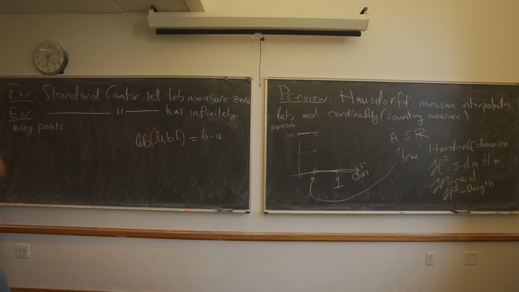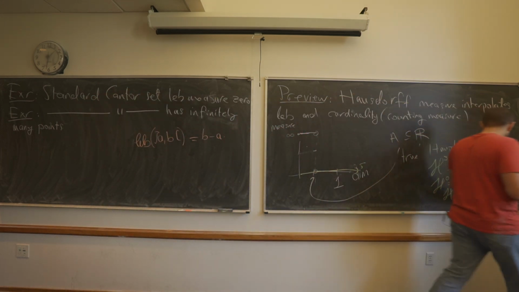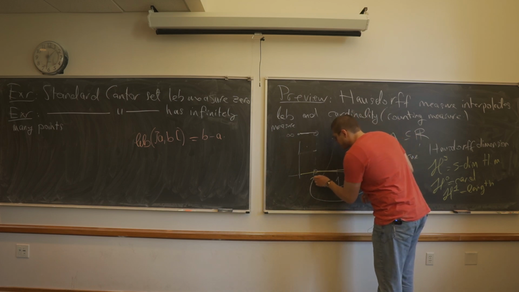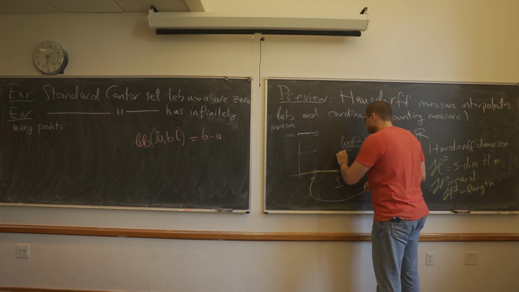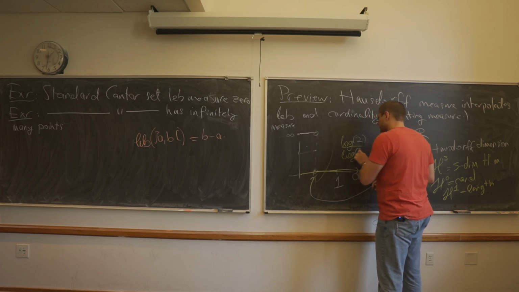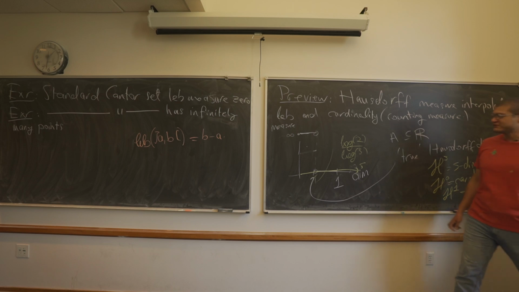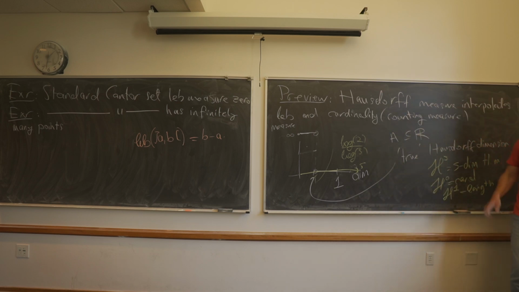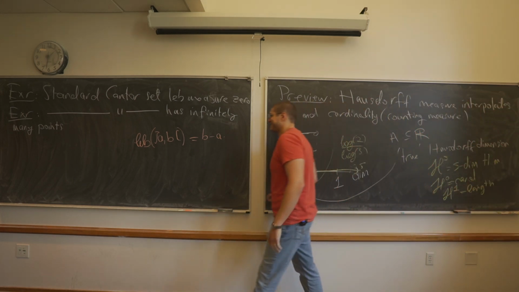It's going to give a fractional value, and in this case it turns out to be log 2 over log 3, a number between 0 and 1. So we say that the Cantor set, the way we defined it last time, has this dimension. We're going to spend more time on all of this. This is just a preview.